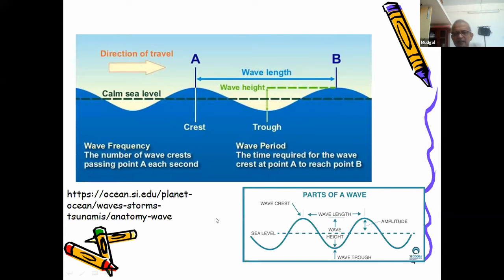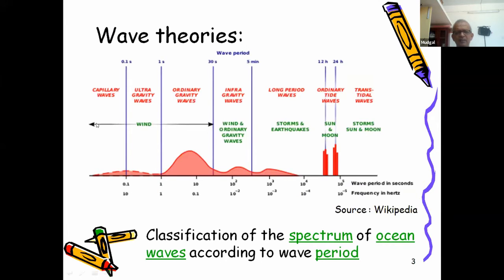So this briefly gives you the picture of how waves are generated. As I told you, there is an imbalance between capillary forces and gravity forces, and this is what creates the waves due to the disturbance of wind.